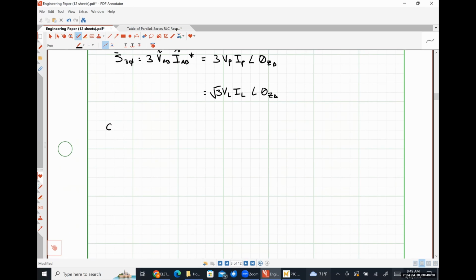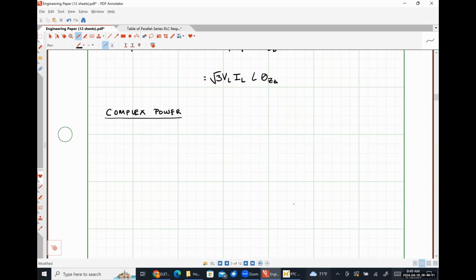So just to recap things here. Our complex power relationship is S3 phase is equal to 3 VP IP angle theta Z in terms of phase quantities.